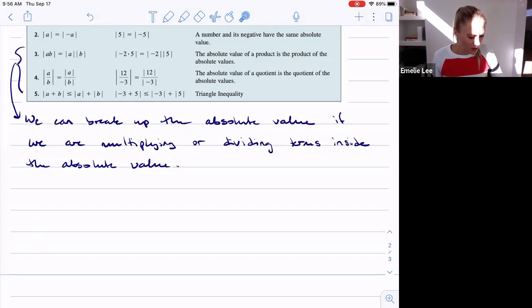Okay, so absolute values are used for distances a lot of the time, right?